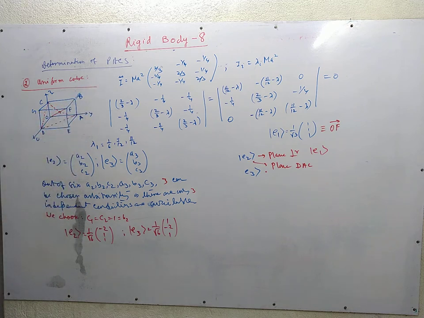This technique of calculating moment of inertia for a rigid body is applicable for symmetric bodies as well as asymmetric bodies. For asymmetric bodies, it becomes very difficult to find the moment of inertia by inspection. In that case, this method works.